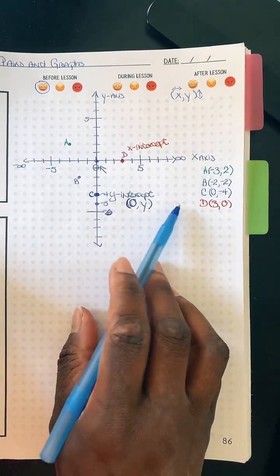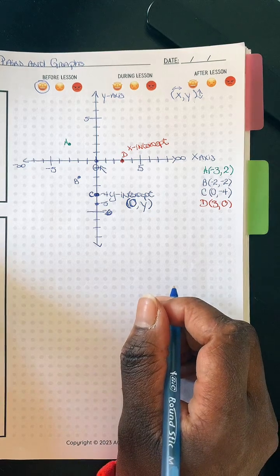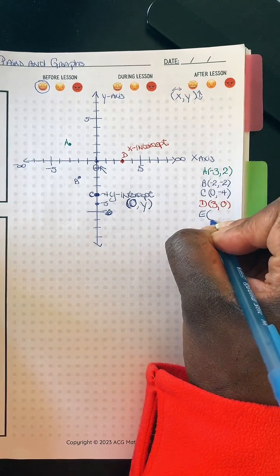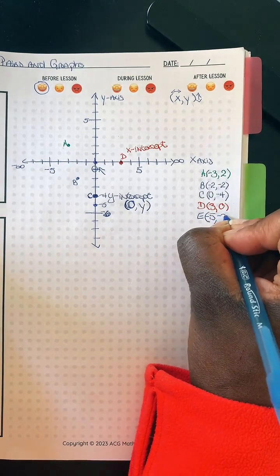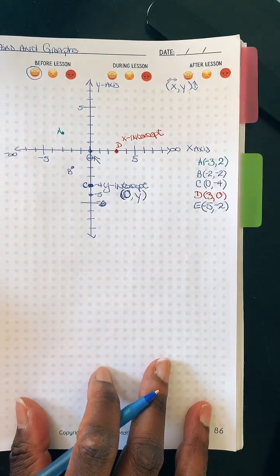All right, so if I give you a point, let's switch it up. Let's say point E. The point for that is going to be -5, -2.